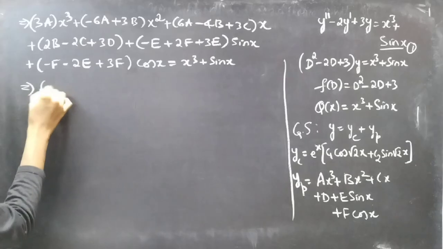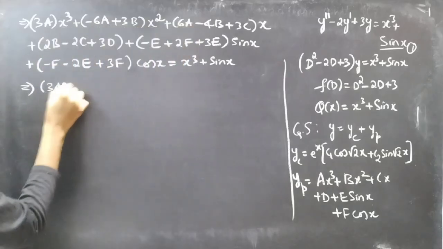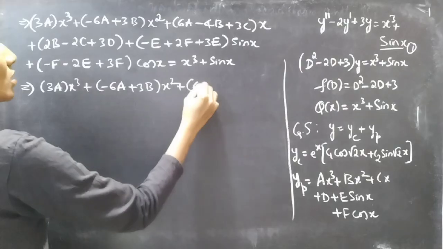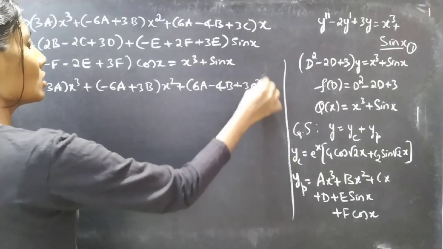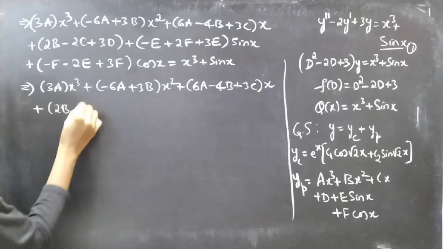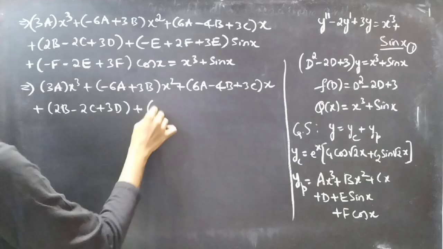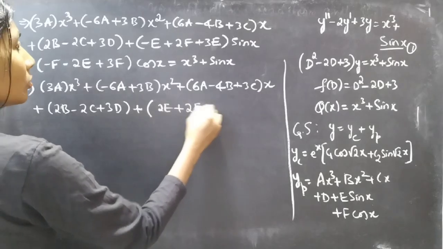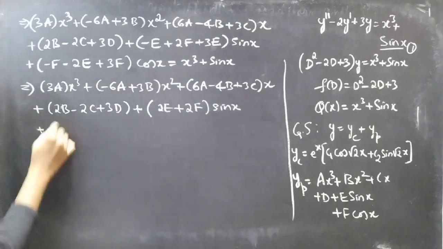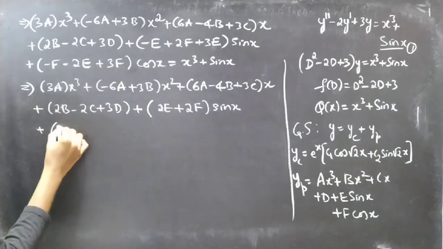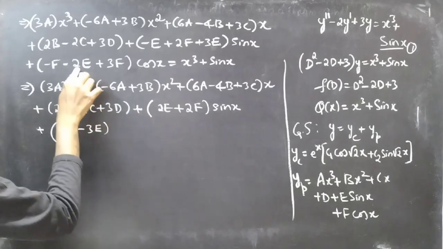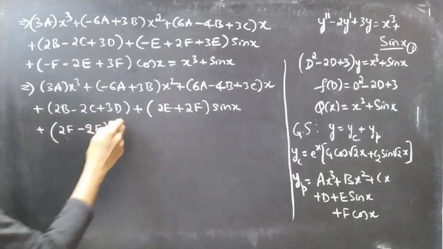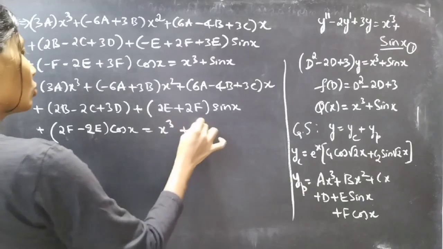The first four terms remain the same: 3a x cube plus of minus 6a plus 3b into x square plus of 6a minus 4b plus 3c into x plus 2b minus 2c plus 3d plus of 3e minus e gives 2e, plus 2f into sin x, plus minus f minus 3f... sorry, you'll get 2e here. 3f minus f is 2f, minus 2e into cos x, equal to x cube plus sin x.